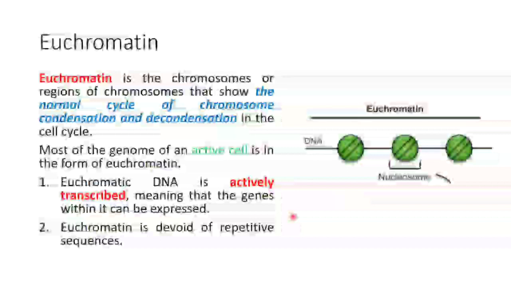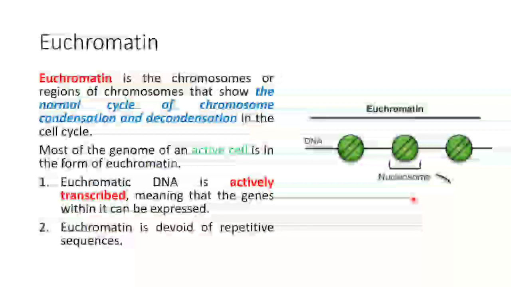I will start first with the euchromatin, guys. Euchromatin is a part of the chromosome representing the normal cycle of condensation, decondensation, condensation, decondensation. So you see that a large section of the chromosome sometimes condenses so it closes up on itself, and sometimes decondenses so it opens up.